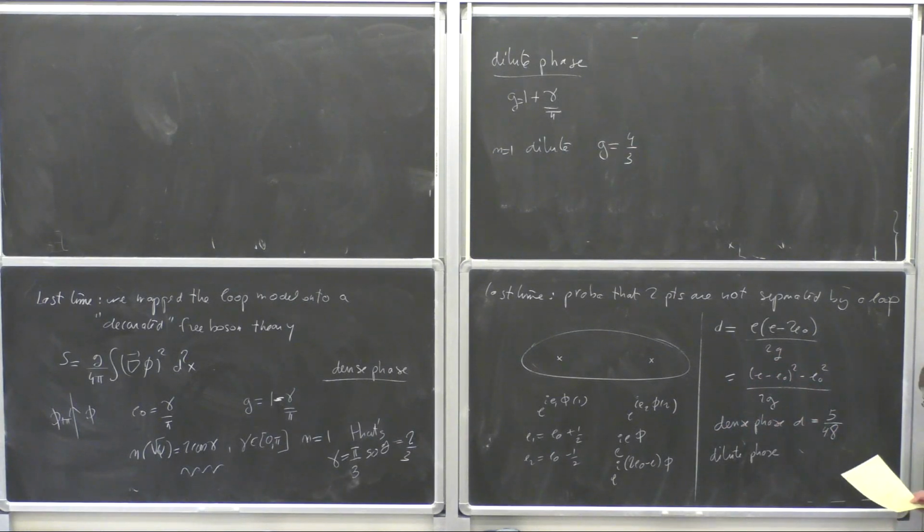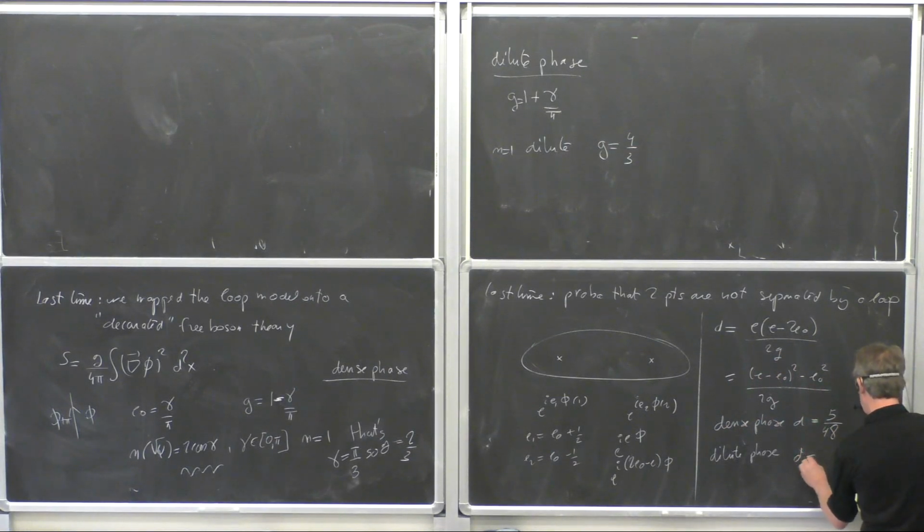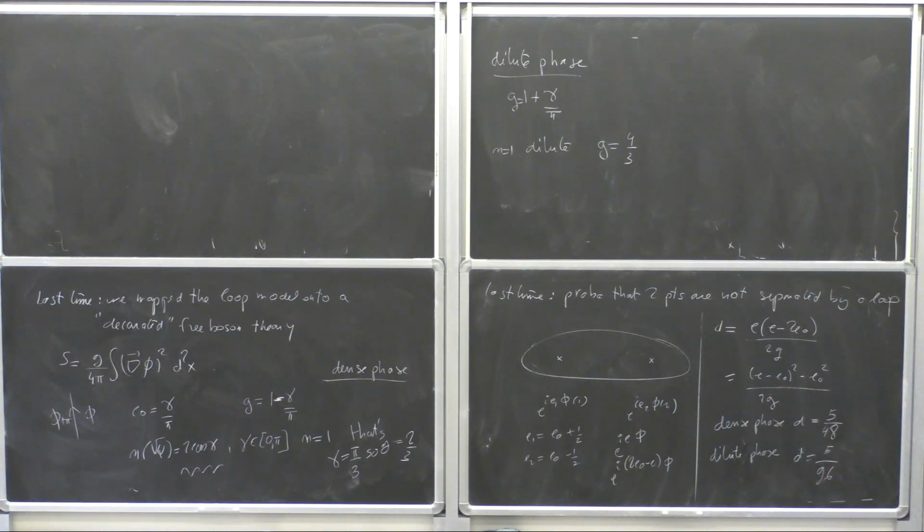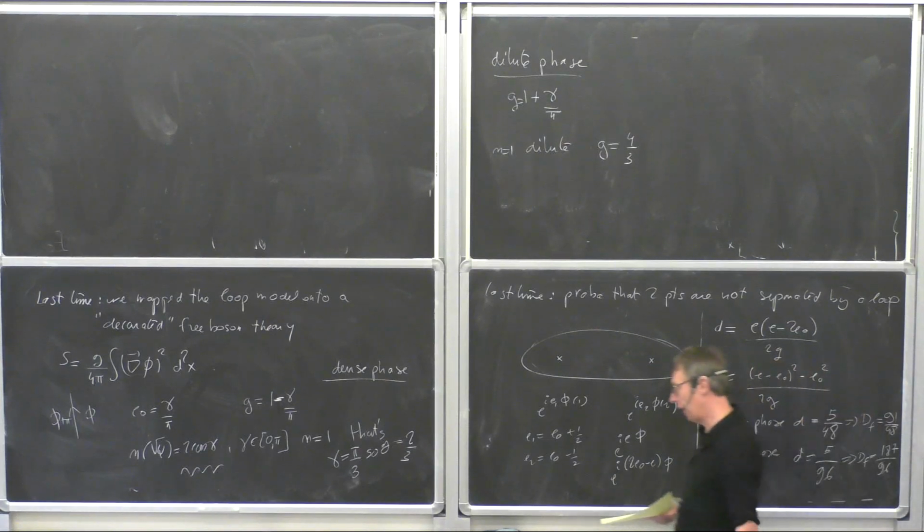We would get that D is 5/96. And that would tell you respectively that the fractal dimension in that case is 91/48. And in that other case, it is 187/96. Okay, not particularly thrilling.